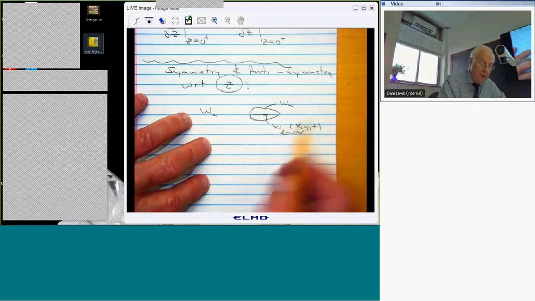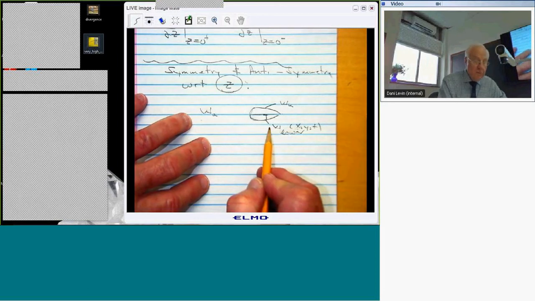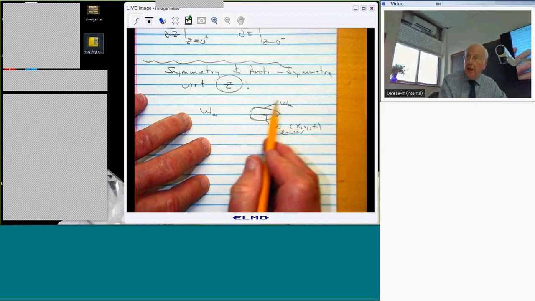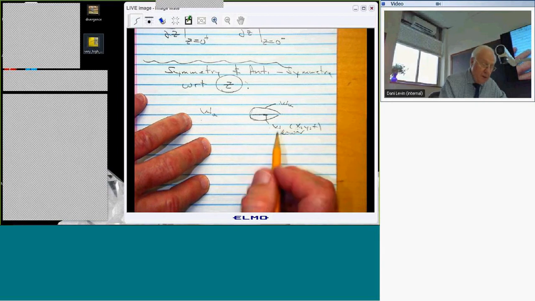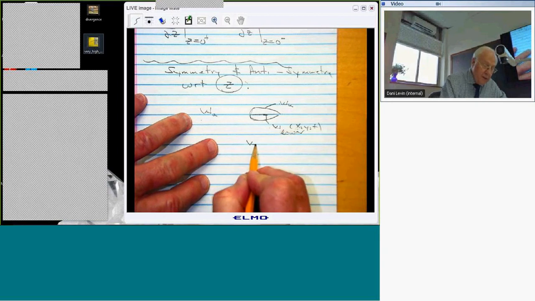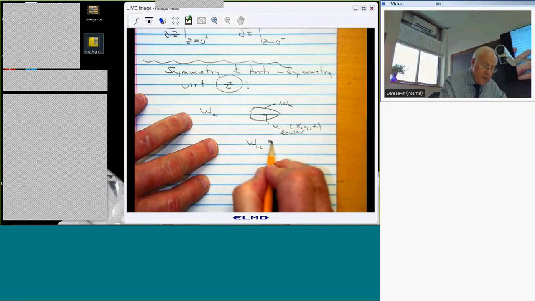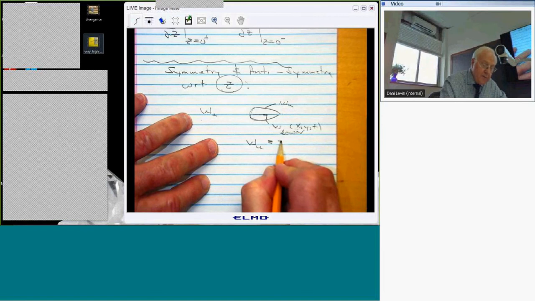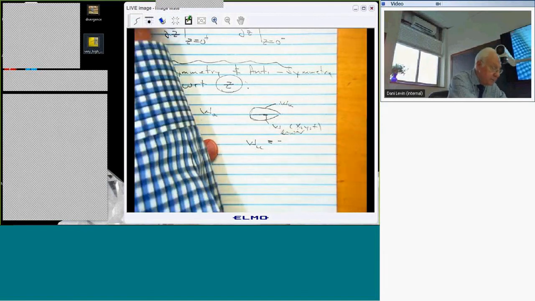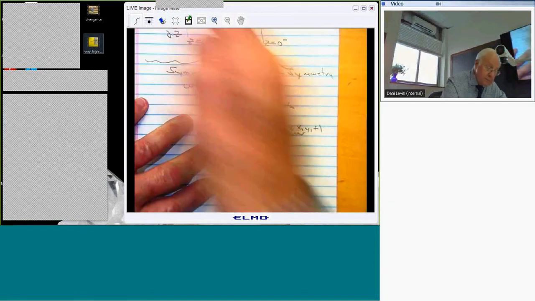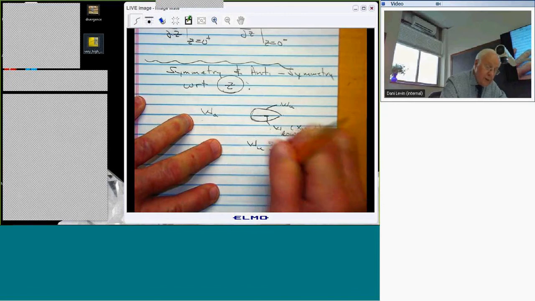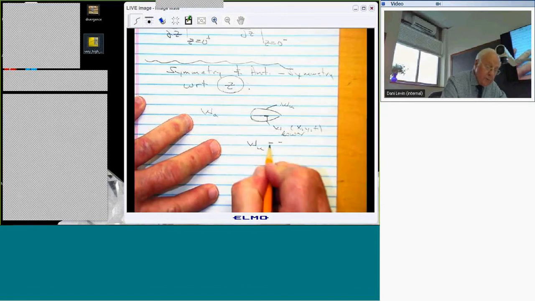This is really down from Z equals 0, and this is really up. So in the symmetry and antisymmetry discussion, W upper is equal to minus W lower.